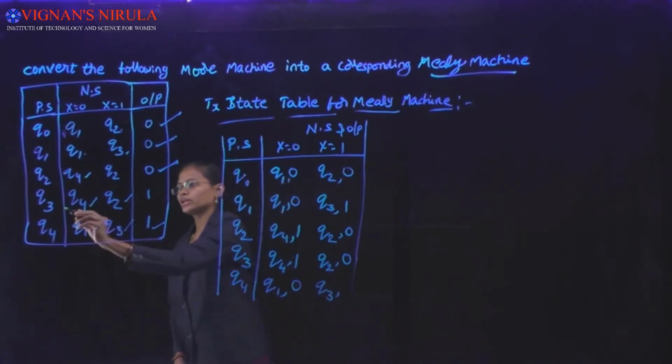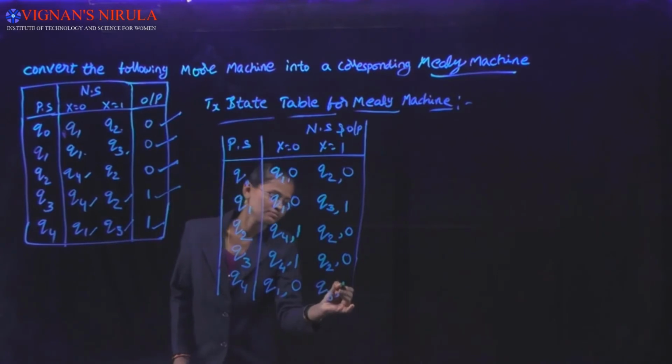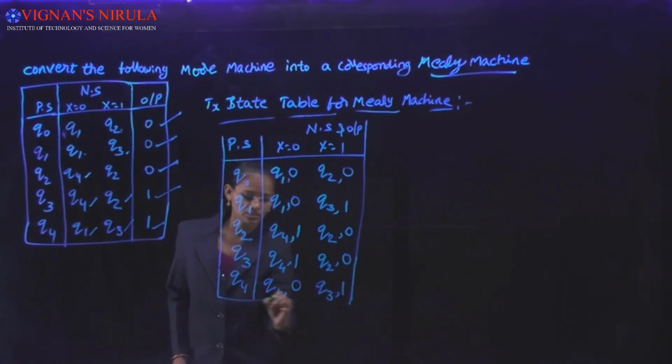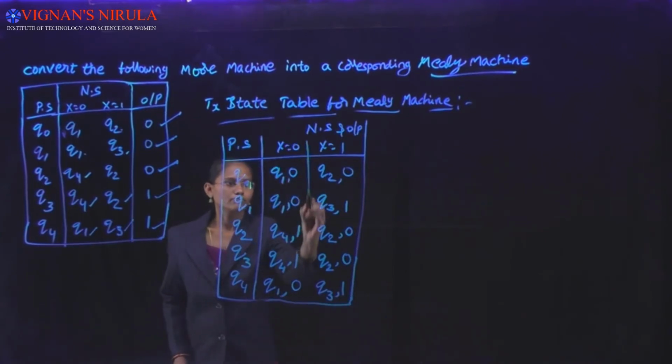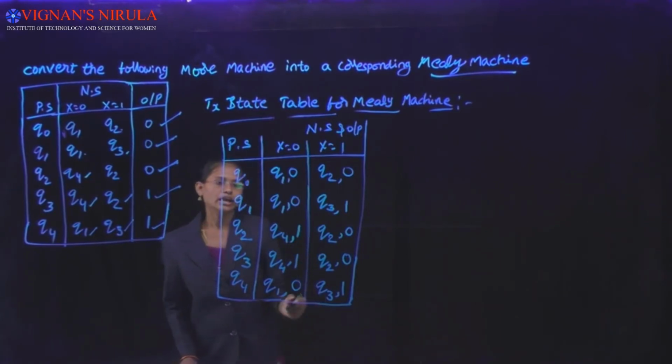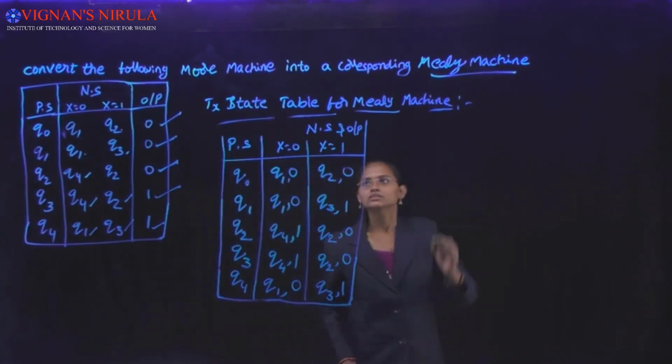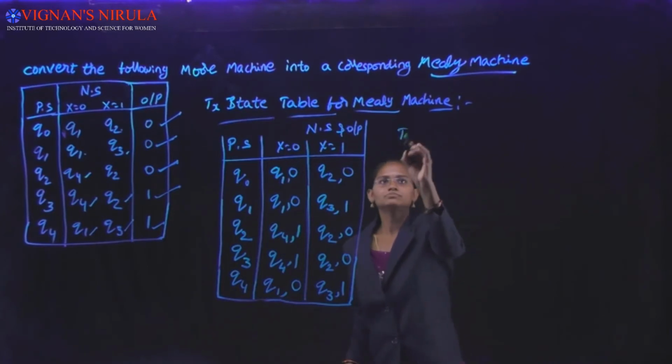Here the Q3 output is 1. Okay, this is the transition table for Mealy machine. And next, see the transition state diagram.